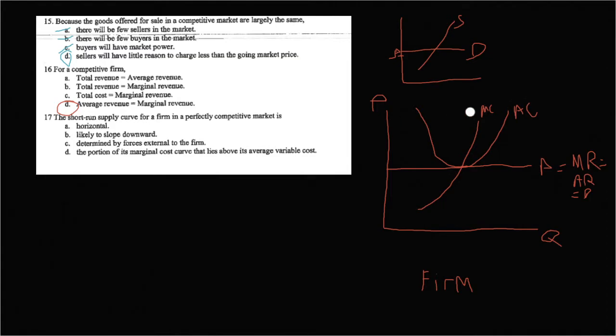And a supply curve is like this marginal social cost. So we could imagine that a supply curve is part of the marginal cost curve, but it is the part that is above the average variable cost.